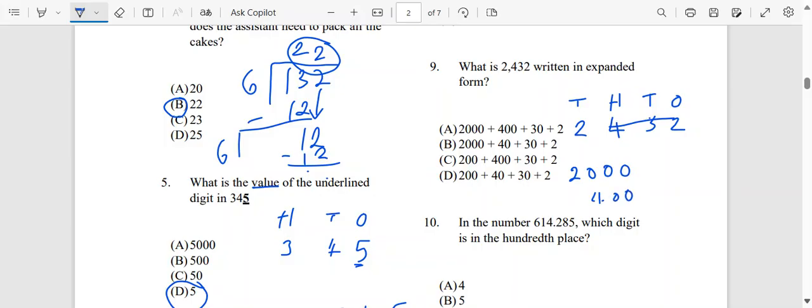And then we move to the 3, and we eliminate that one, so it's just a 0. And when we go down to the 2, we don't have anything to eliminate. So we have 2 with the 3 zeros plus 4 with the 2 zeros plus 3 with 1 zero plus 2. So, of course, A is our answer. Pretty easy.